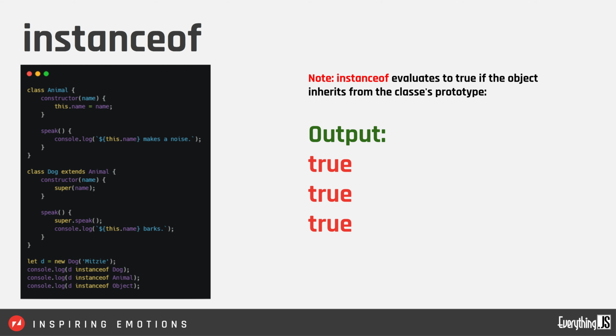In that step, it creates a copy of speak, and when you call super.speak, it calls that particular function within the dog class only. It doesn't actually refer to the original one.